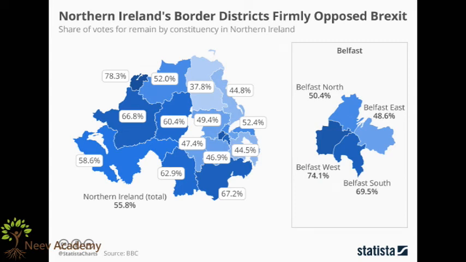Now this is a very interesting graph. This shows Northern Ireland's border districts, meaning the districts which are connected to Ireland according to the map. So in this you will see Belfast West and Belfast South overwhelmingly voted to remain in the European Union, whereas Belfast North and Belfast East, Belfast being their capital, you see. Generally you will see the southern part of Northern Ireland, the border districts, they have voted overwhelmingly against Brexit, whereas the parts which are towards England, they have voted for Brexit.